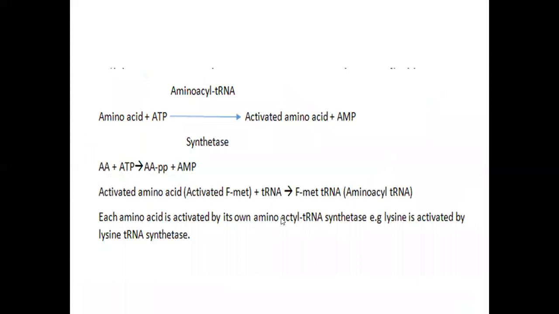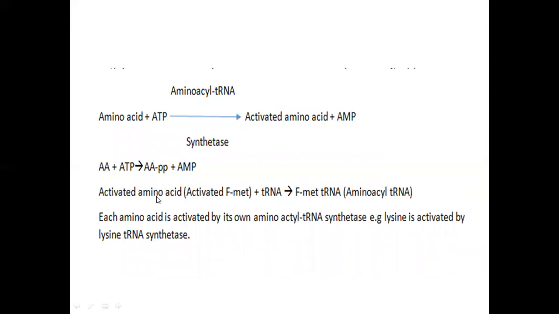So in summary, this is what happens. You have an amino acid plus ATP or GTP in the presence of aminoacyl tRNA synthetase, which leads to an activation of the amino acid. So you have an activated amino acid plus adenosine monophosphate.